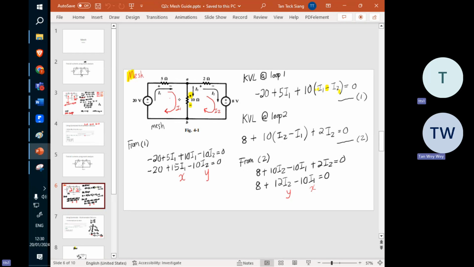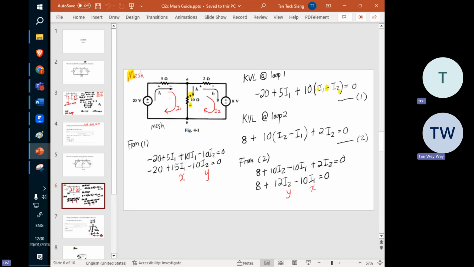And then you move over to the next mesh. You start from the 8 here, positive 8. And then you go around. I2 is positive, but I1 is negative, because I1 is going from top to down while I2 is going up.